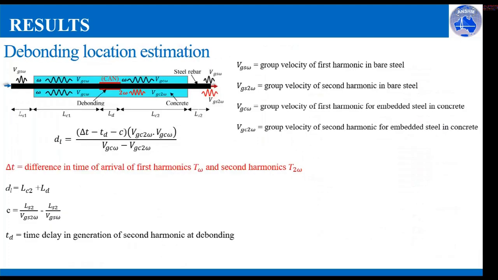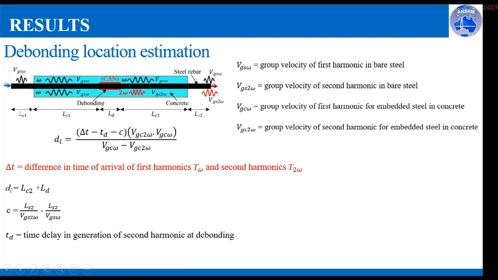So the next challenge is to detect the location of the debonding, which is possible through this equation, formulated from the theory: the difference between the time of arrival of the first harmonics and the time of arrival of the second harmonics, which represents delta t.